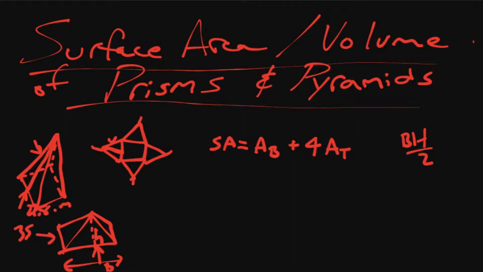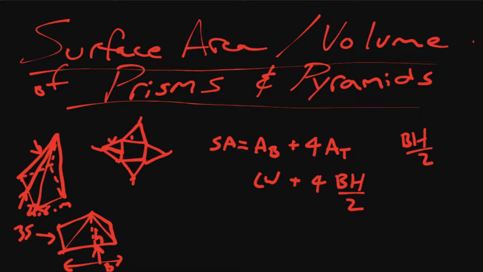So when I'm given a base of 35, the square base is going to have 35, 35, 35, and 35 on each side. So we can just find the area of that by doing a simple length times width, 35 times 35. But then here we have the 4 times the base times height over 2.